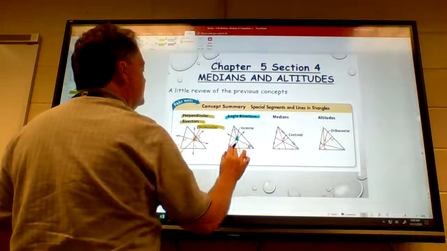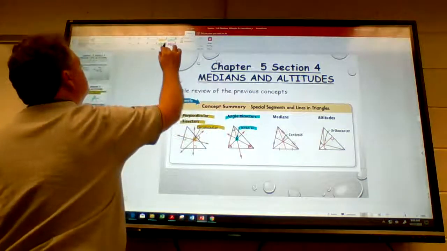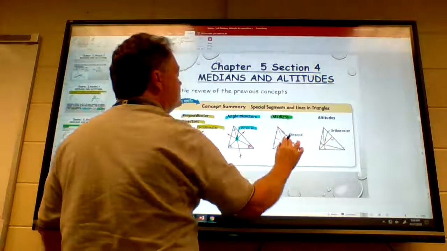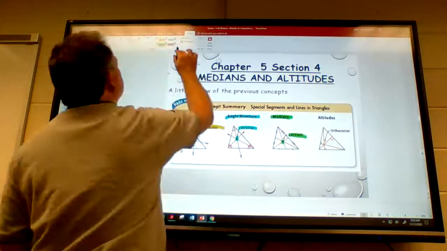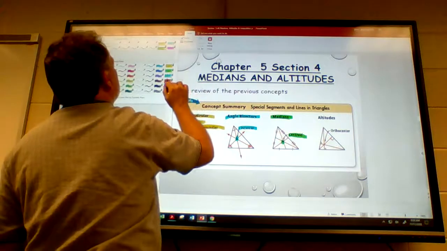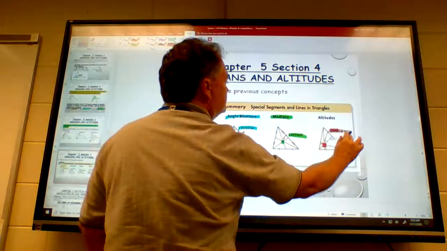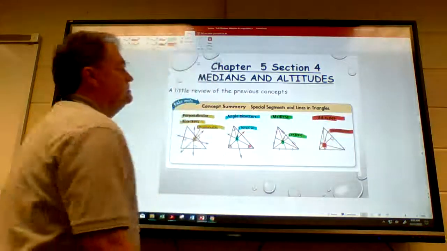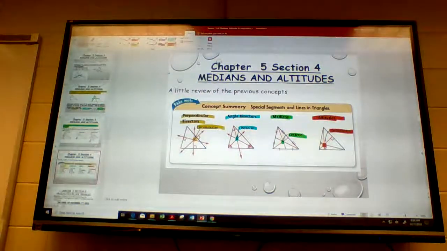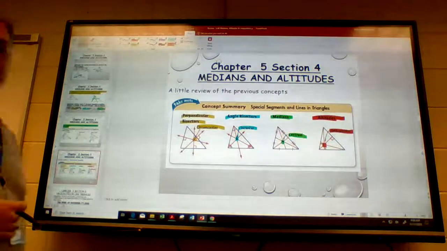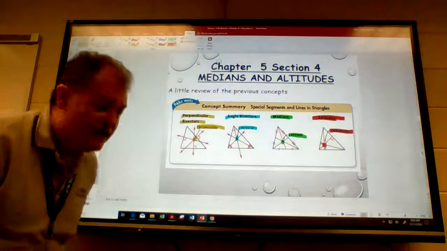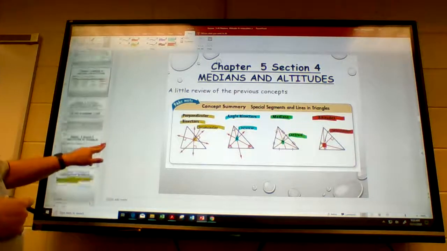Angle bisectors, incenter. Medians, centroid. And then finally, the orthocenter for the altitudes. So at least know what they are. You don't have to memorize this, but it does have some of that information there.